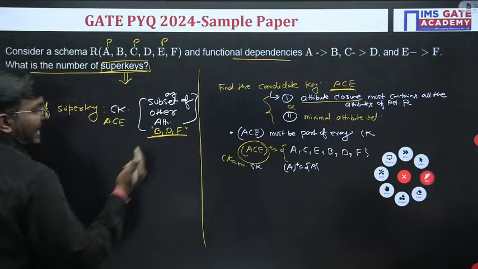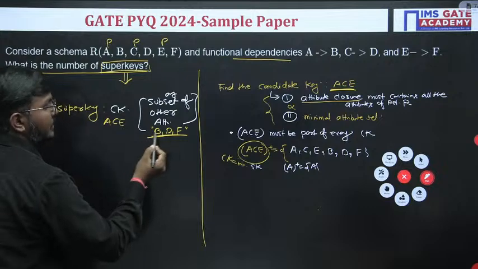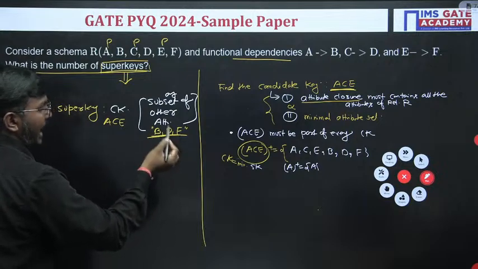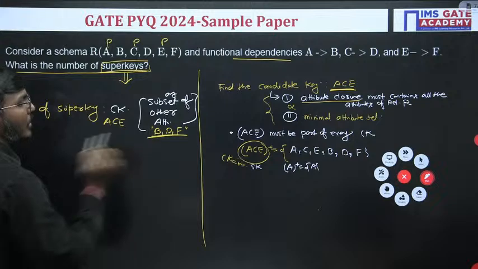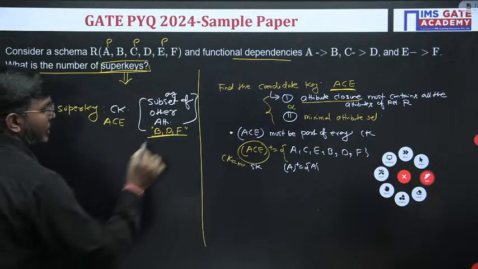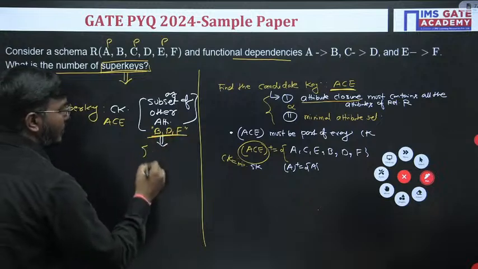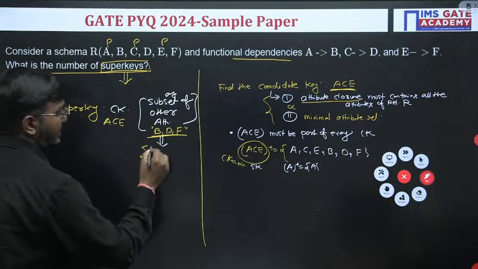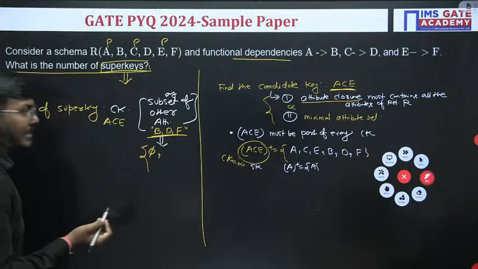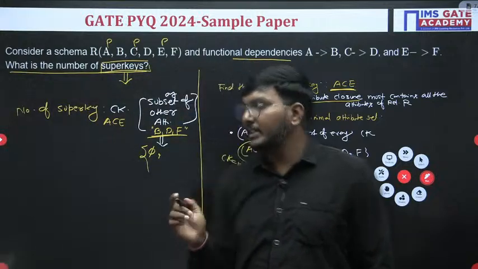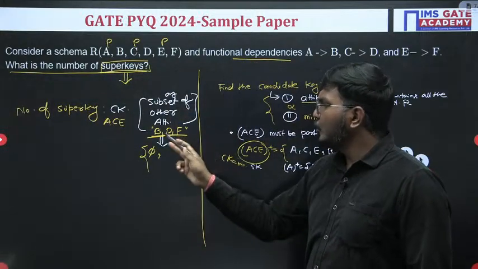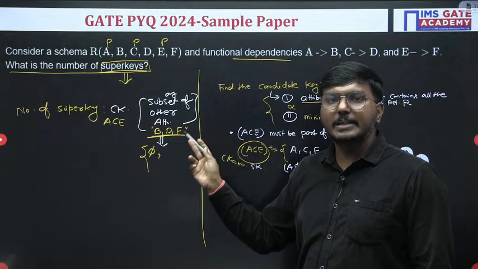Fine. So if I attach any subset of BDF along with the ACE, that will form a super key only. So let's find the subsets of B, D and F. Through the formula, if a set has 3 elements then the number of subsets is 2 power 3, which means the subsets will be 8 only.